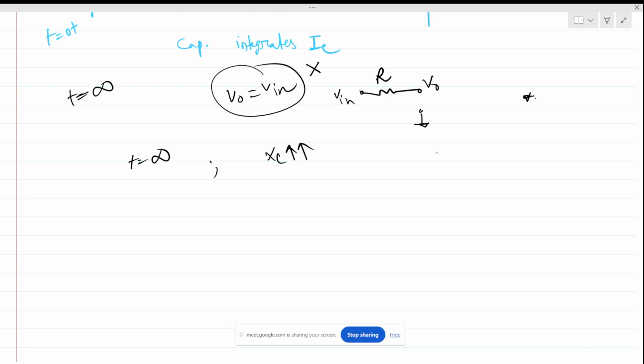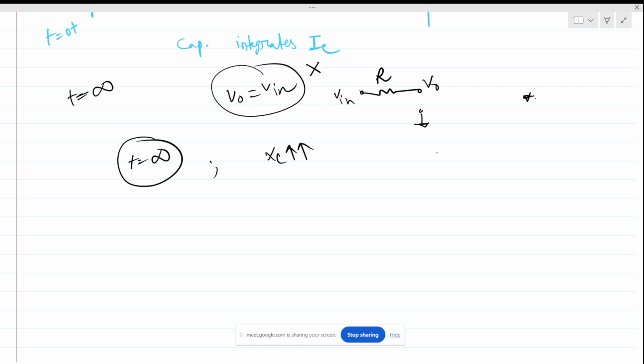So what will the capacitor try to do? It will try to drop maximum voltage across it. At T equals infinity, the capacitive impedance is the larger impedance in the circuit, so the capacitor will try to drop all the input voltage across it.